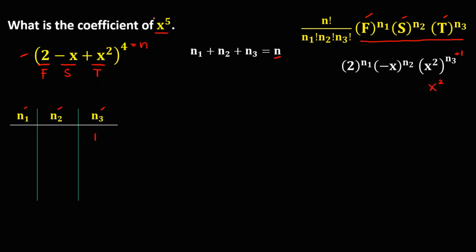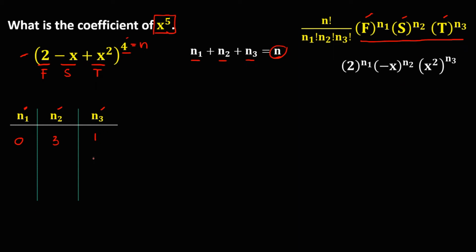Since we're looking for the coefficient of x to the power 5, we need to have x to the power 3, so n sub 2 is equal to 3. Then since the sum of n sub 1, n sub 2, and n sub 3 is equal to n, and n is equal to 4, therefore n sub 1 is equal to 0, because 1 plus 3 plus 0 is equal to 4.